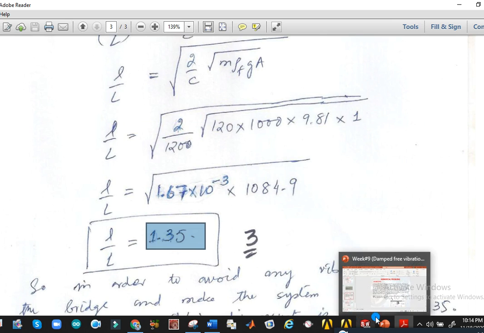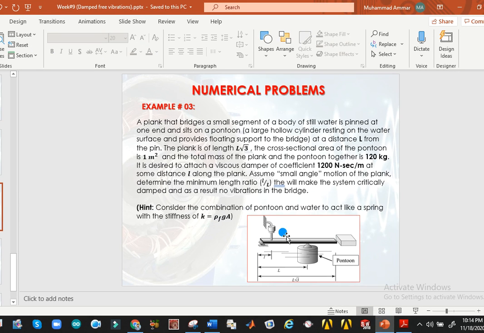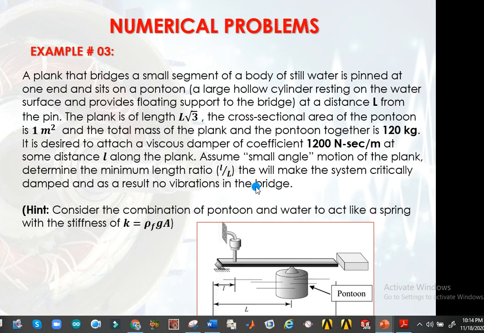If I keep the damping element 1.35 times away from the pivot point compared to the stiffness element at unit length, then I can keep this bridge critically damped, and this bridge will not oscillate. So it will be properly designed.